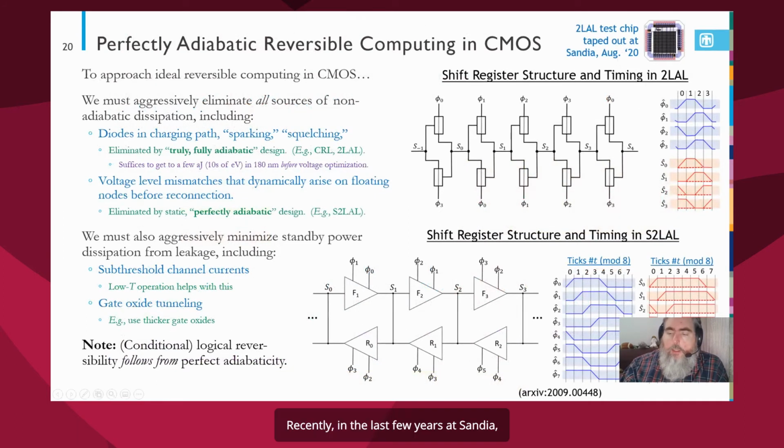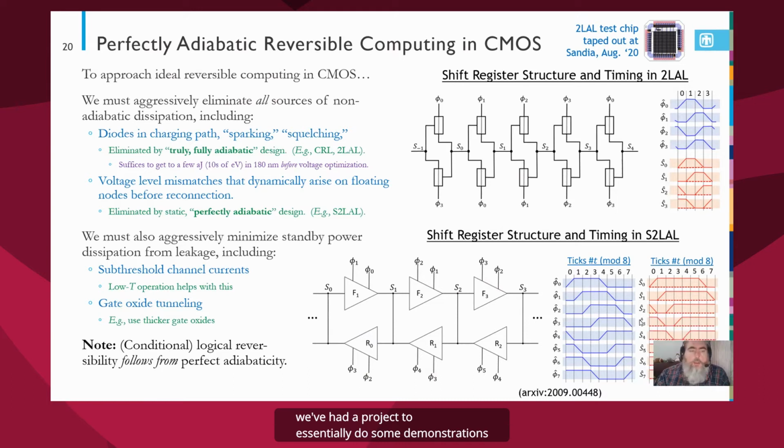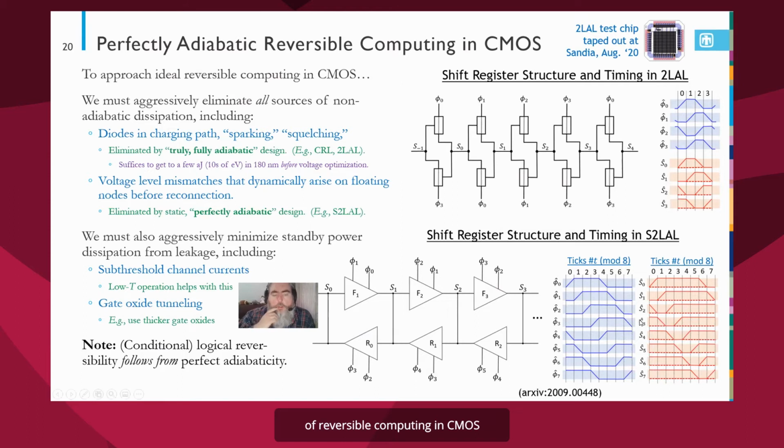So recently, in the last few years at Sandia, we've had a project to essentially do some demonstrations of reversible computing in CMOS. The rules for designing fully adiabatic circuits in CMOS have been known for some time, but there haven't been a lot of physical chips made to demonstrate how energy efficient adiabatic circuits can be if you follow all the rules correctly.